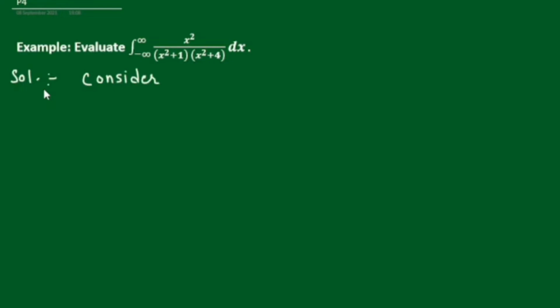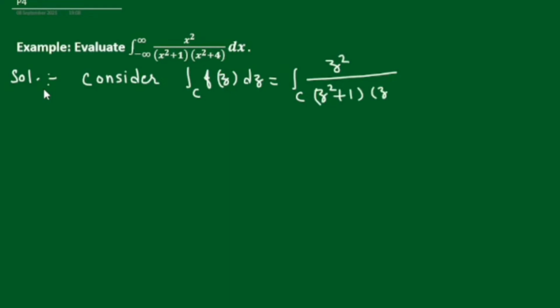Consider the integral along C of f(z) dz, which is equal to the integral along C of z squared divided by (z squared plus 1)(z squared plus 4) dz. Here C is a closed contour formed by a semicircle along with its diameter.